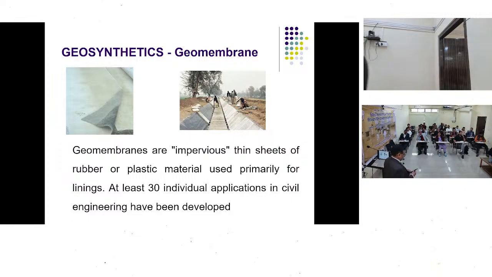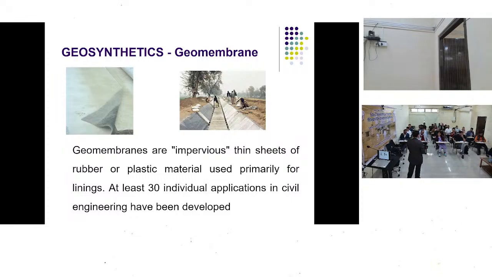Okay, so next is geomembranes. Membranes, as I was saying, should be impermeable, which means they will not allow flow of water through them. And once I understand it will not allow flow of water through it, I will be using it wherever I want an impermeable layer. And what can that application be?